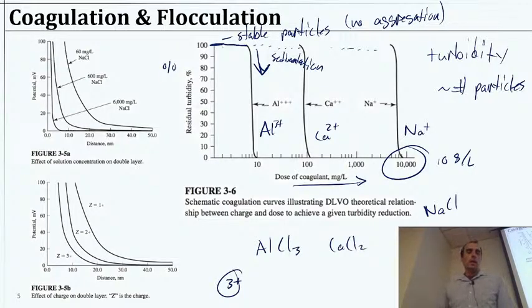Okay, so the graphs on the left are just going to show us a little bit about the distance of this double layer stiff arm thing, okay? So the one at the top, this is called potential. This is a measured charge, essentially. And down here, we've got distance in nanometers.